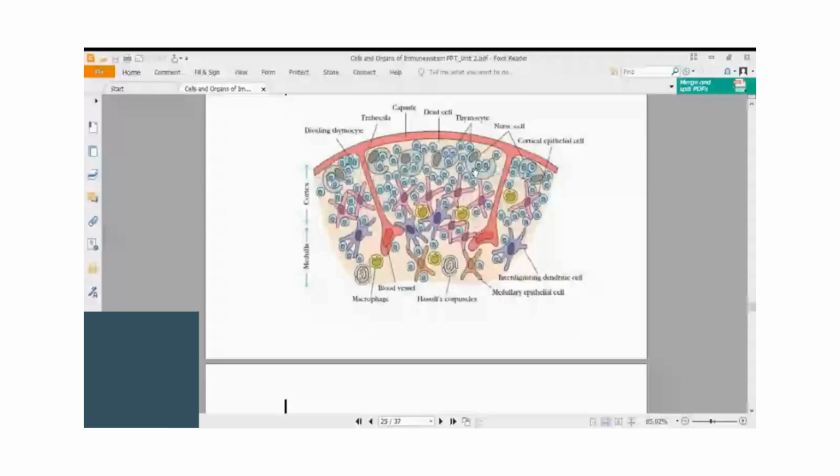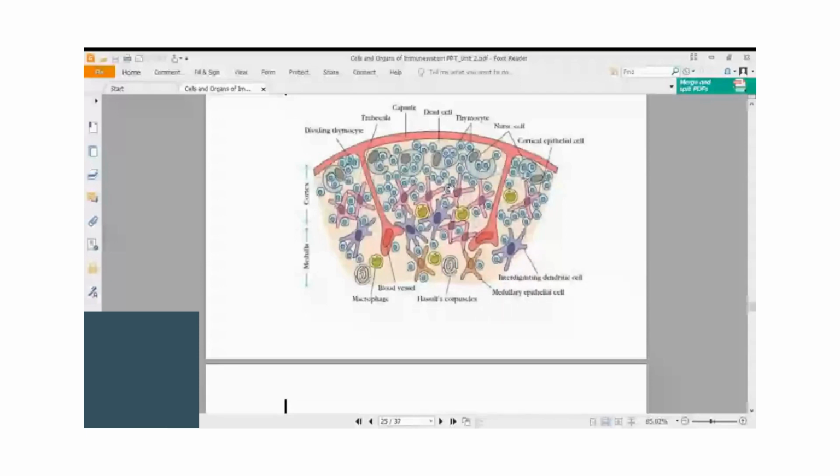Then comes the other type of cells, which are called simple thymic epithelial cells. And the thymic epithelial cells can be in this cortex region as well as in the medulla region. The cortical epithelial cells are capable of selecting the thymocytes to commit themselves to become TH cells and TC cells.